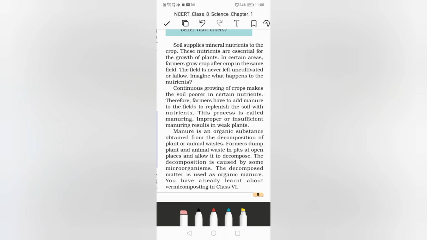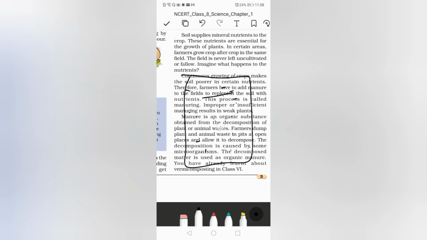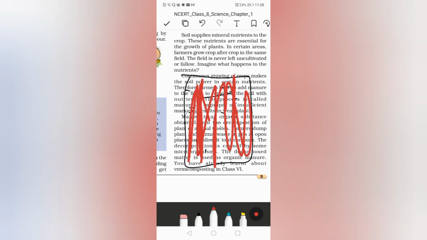Basically what they're saying is that in certain areas, some farmers grow a bunch of the same type of crop in the same place. Like if I'm growing wheat, that means there's a lot of wheat in that area. After the wheat is harvested, they use the same soil and plant more wheat or plant something else.